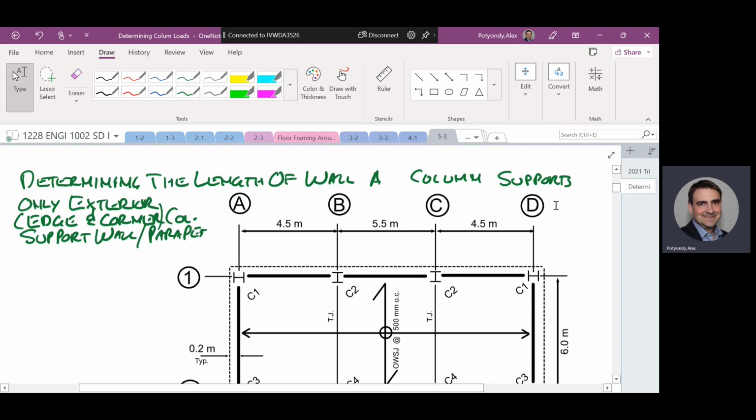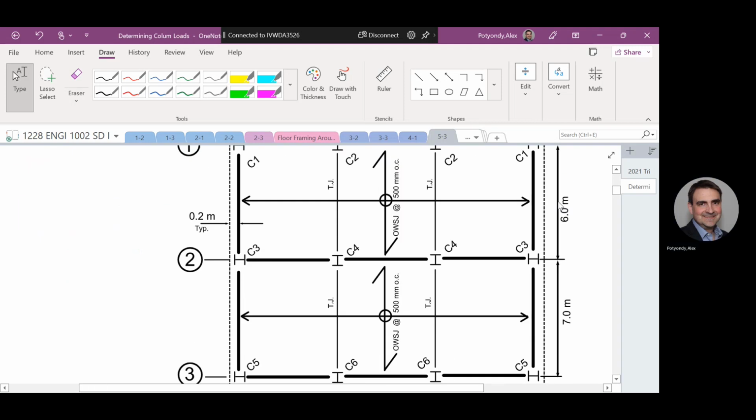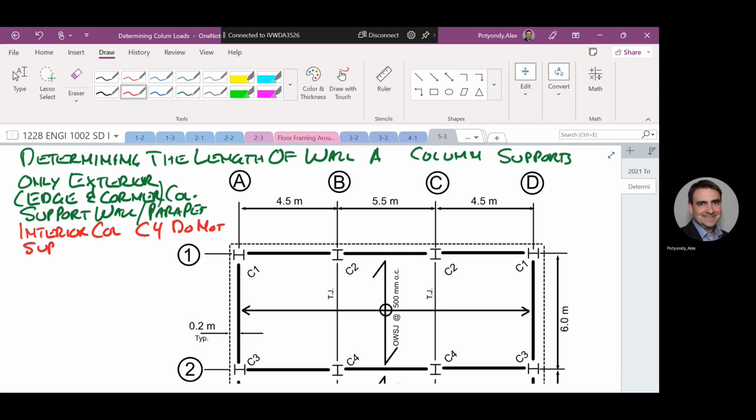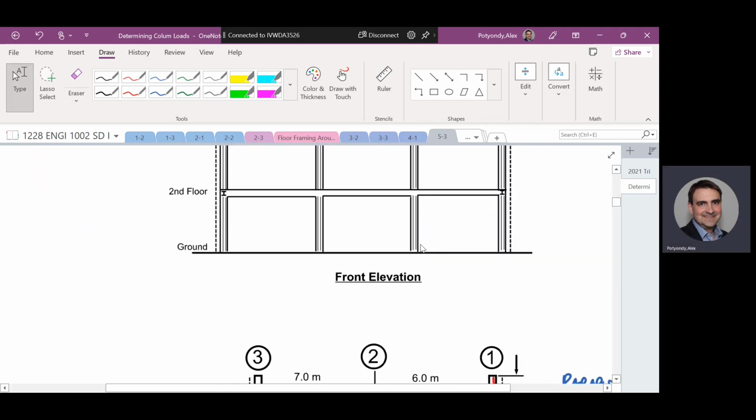And for this building, it's going to be around the perimeter. So interior columns, which is C4 in this case, do not support wall.